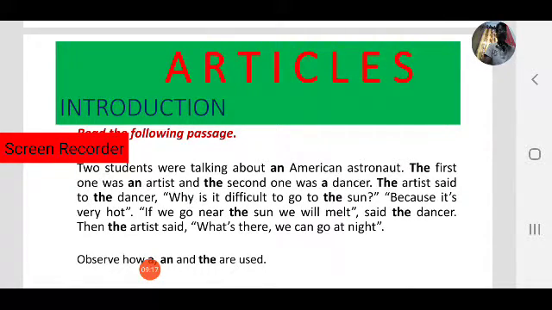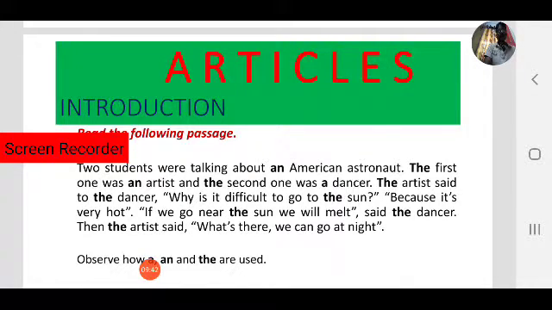Dancer begins with a consonant sound, so we use a. Both are indefinite articles, but based on the rule. What is the rule? Before vowel sounds we have to use an, before consonant sounds we have to use a.